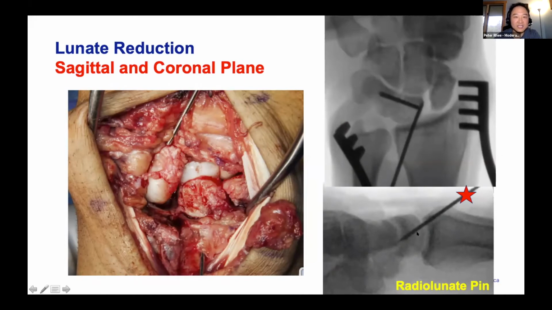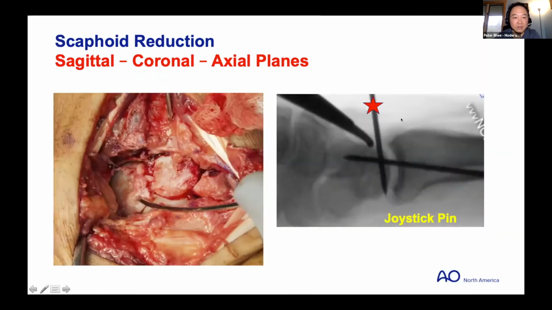And once you have that stable platform, then you can build everything else off of it, which the next step would be to reduce the scaphoid to that. I just wanted to point out, we stress the lateral, but always make sure that you don't lock this up in an extremely translated or translocated position, either ulnarly or radially.